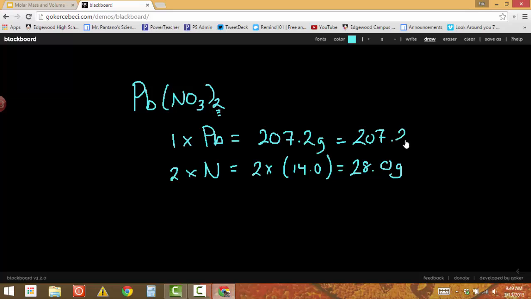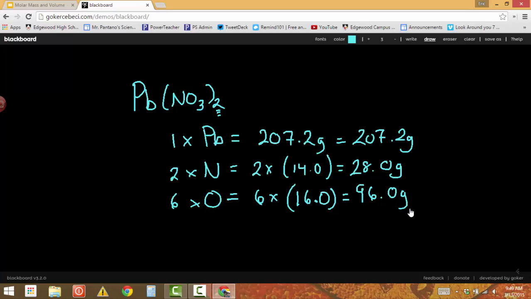I'll just add this on top here so that we can add in a vertical column. And then I have 2 times 3, which is 6 oxygens. So that's 6 multiplied by oxygen's molar mass, which is 16.0. 15.9994 becomes 16.0 when I round to 1 decimal place. So that's 96.0 grams. Now I add all these up.